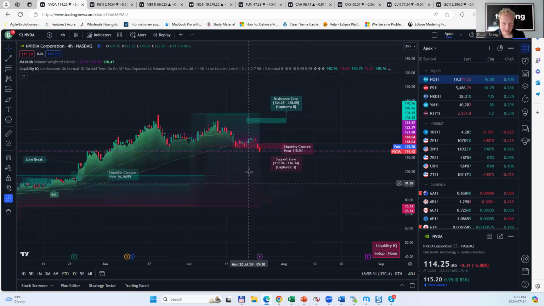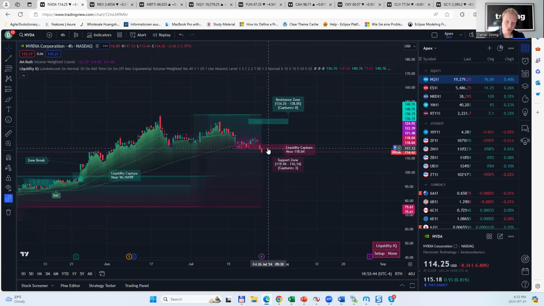If we see price gapping lower, we may see a steeper move down. We may also see a bit of a retracement back to this broken support zone, and then we have a nice zone break retrace setup. For Nvidia, of course, not ideal because we don't have confluence in this case.